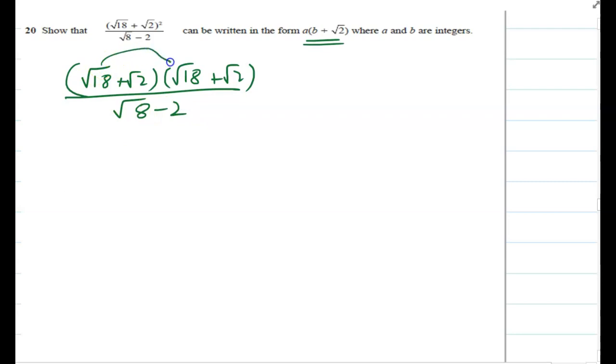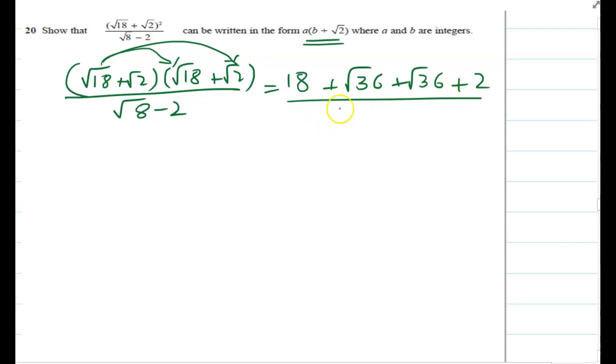Once you multiply root 18 with root 18, it will be 18. Then root 18 times root 2 will be root 36, then root 2 times root 18 will be root 36 again, and root 2 times root 2 becomes 2, and in the denominator, root 8 minus 2.